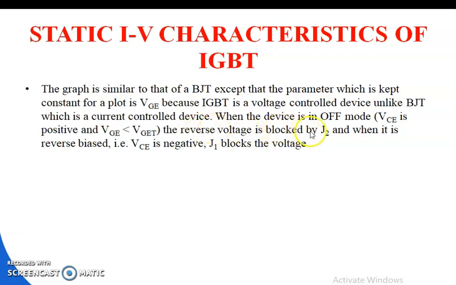When the device is in off mode, VCE is positive and VGE is less than VGET, where VGE is the gate-to-emitter voltage and VGET is the gate-to-emitter threshold voltage, and the forward voltage is blocked by junction J2. When it is reverse biased, that is, when VCE, the collector-emitter voltage, is negative, junction J1 blocks the voltage.